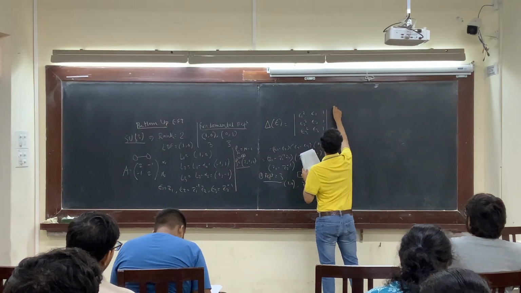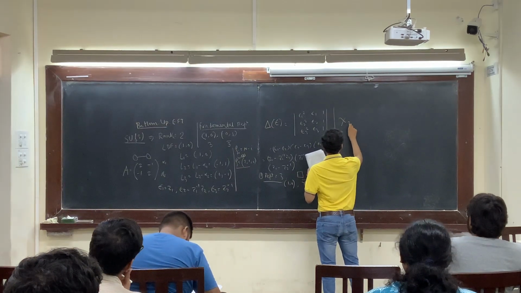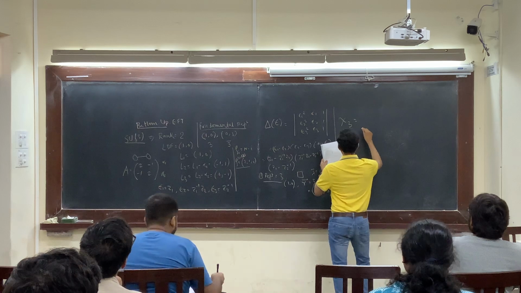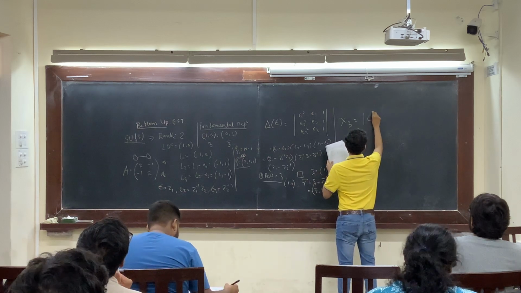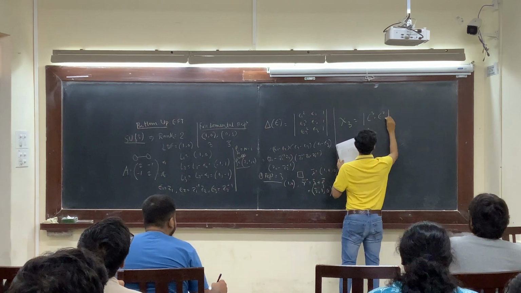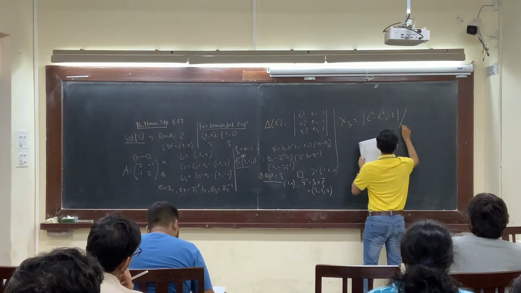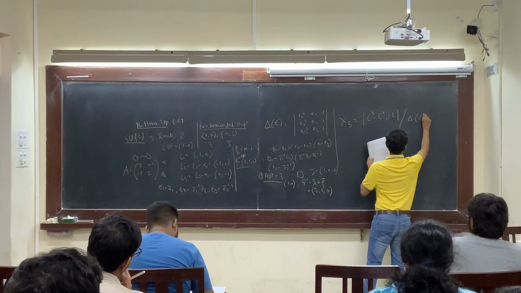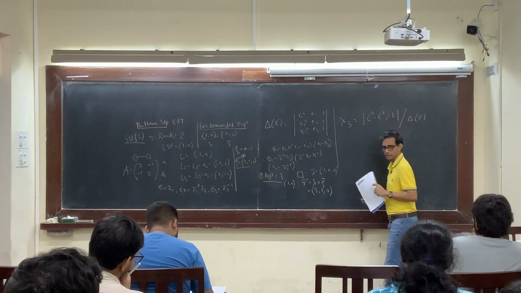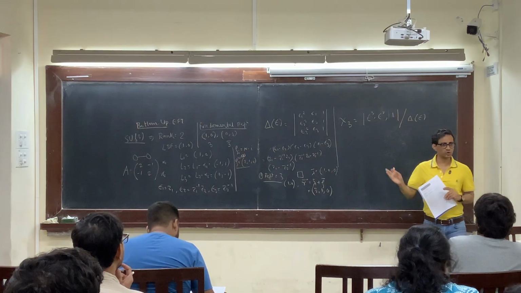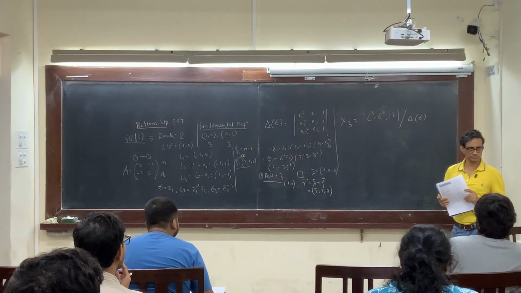So now I am in a position to calculate the chi3, which is basically epsilon 3, epsilon 2, and epsilon to the power 0. So I am writing it as 1 by the delta p. And this is a short form of the numerator determinant.